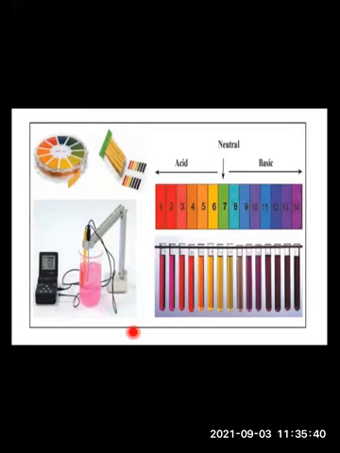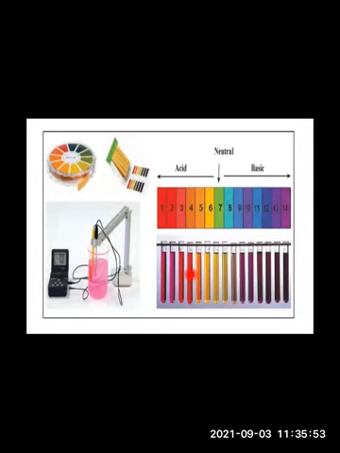So this is your pH meter, and it is an electrical instrument. I hope you all understood what a universal indicator is, what a pH meter is, how to calculate the concentration of a solution, etc.